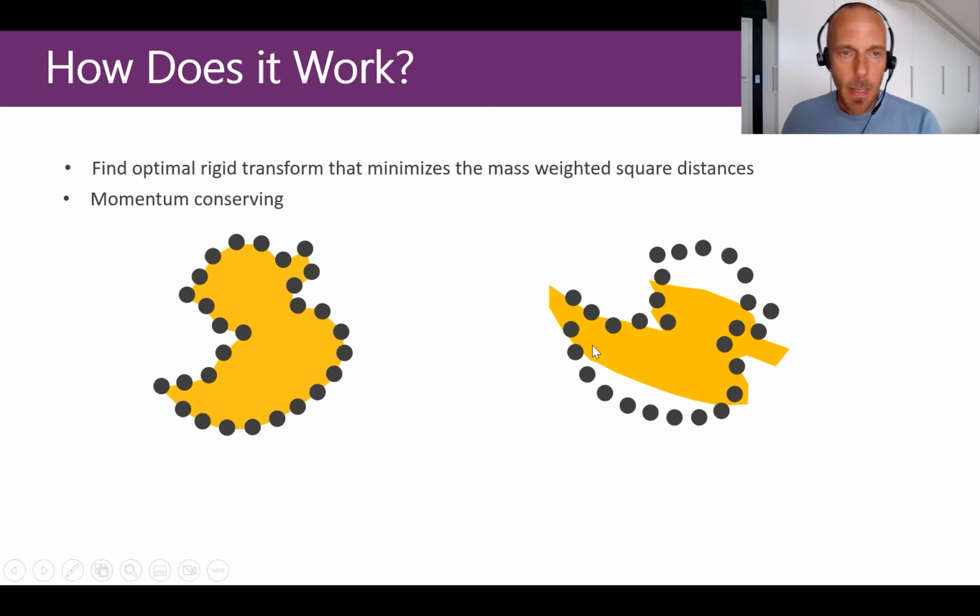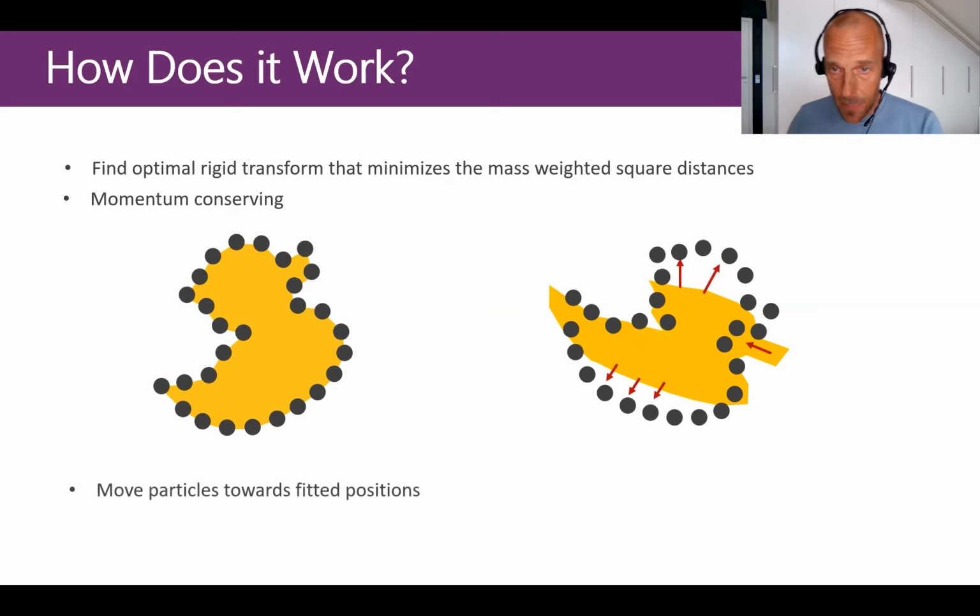So what we do is we take the rest configuration and match it with the deformed configuration. And for this, we find an optimal rigid transform that minimizes the mass-weighted square distances between the matched positions and the deformed positions. Then once we have that, we simply move the deformed particles towards these matched locations here.